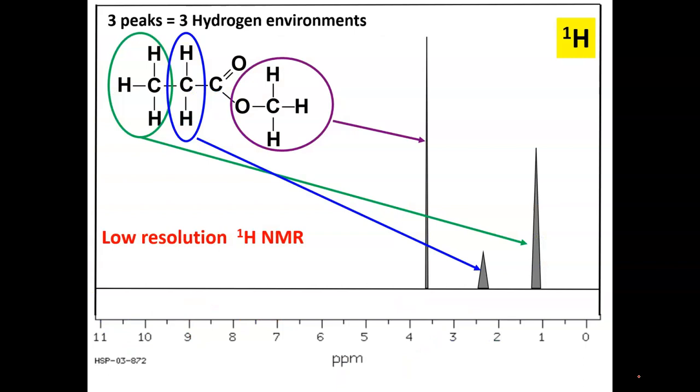So here is what's called a low resolution proton NMR spectrum of the compound that you can see in front of you. This, of course, as you can see, is a very simple ester, with the methyl group on the right-hand side of this single bond oxygen, and the 3-carbon carboxylic acid side, which gives us methyl propanoate.